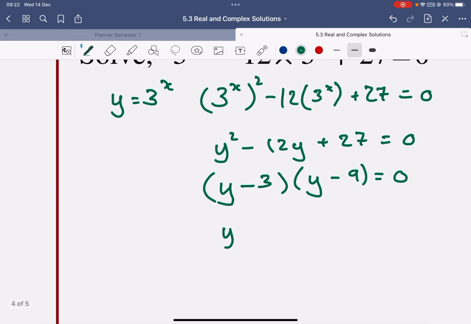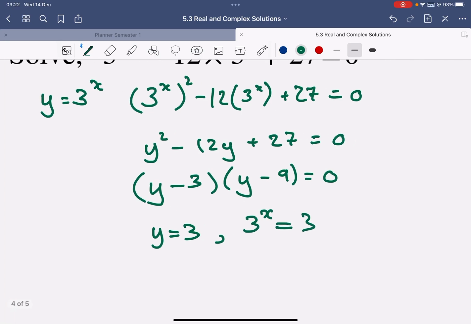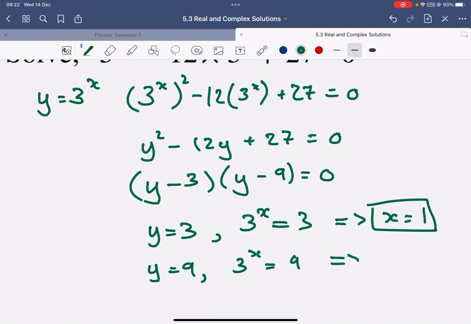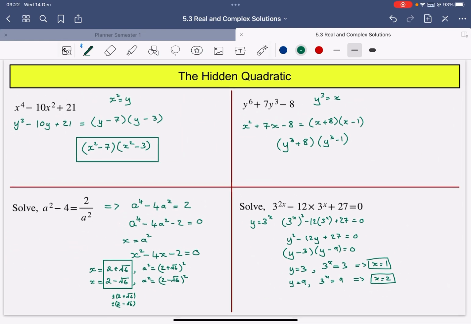So we have y equal to 3, but actually that's 3 to the x equal to 3. Therefore, x equals 1. There's one of my answers. And the other answer is y equals 9, so 3 to the x equals 9. We've come across these, hopefully, with the work on exponents and indices before. So those are my 4 answers.